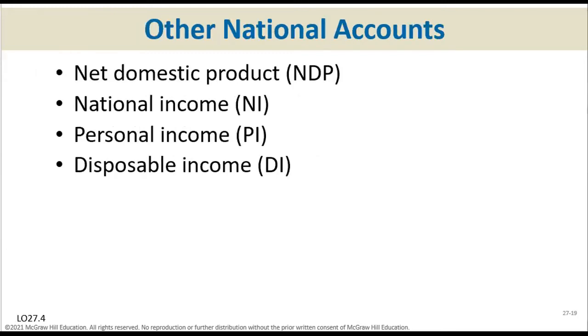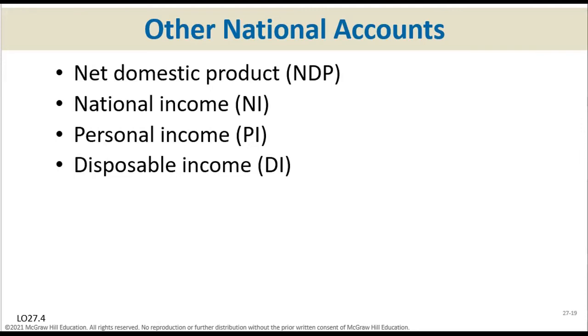There are other income or national accounts that you need to be aware of, and all these provide insightful information on whether the economy is performing well or not. The NDP, which is the net domestic product, is the GDP less consumption of fixed capital. And the national income, or NI, is the NDP less a statistical discrepancy, plus the net foreign factor income.